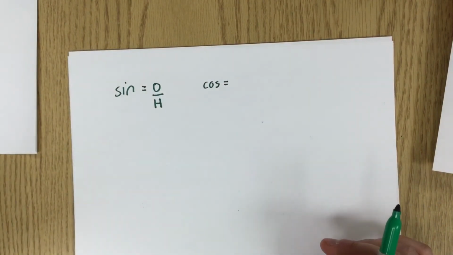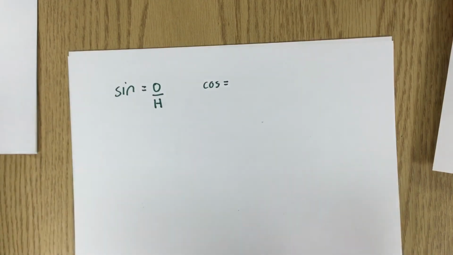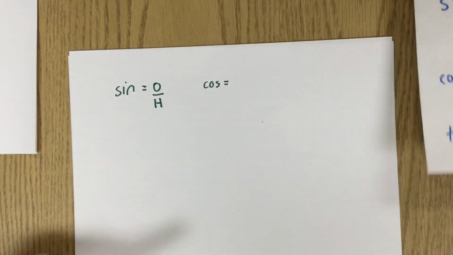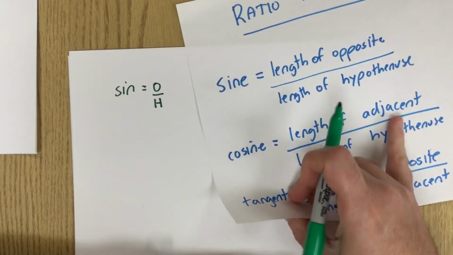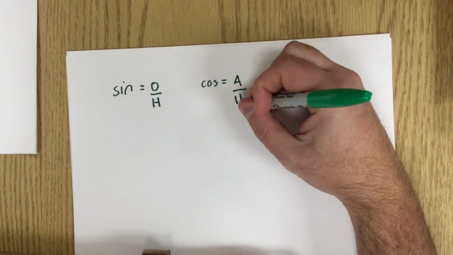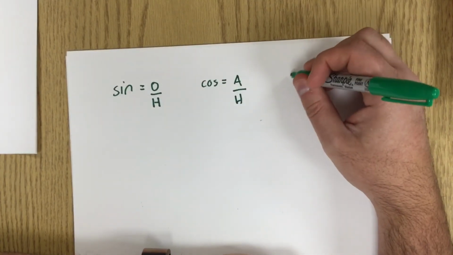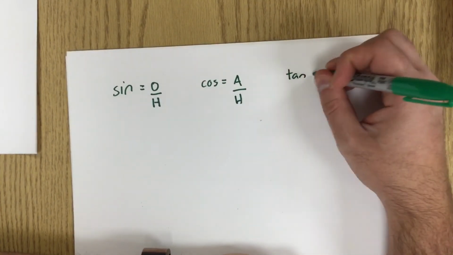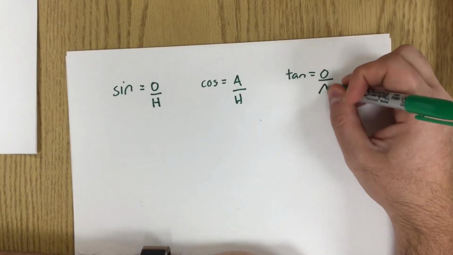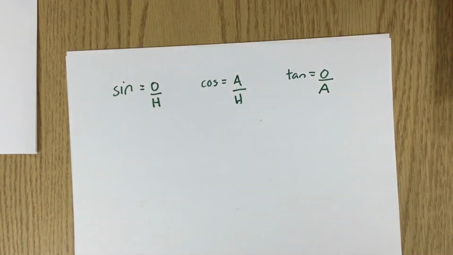So they'll say the sin, the cos, and as we're going to find out, the tan ratio. So cosine is adjacent over hypotenuse. And tangent will be abbreviated as tan. And that's going to be the opposite over the adjacent. And those are the three trig ratios.